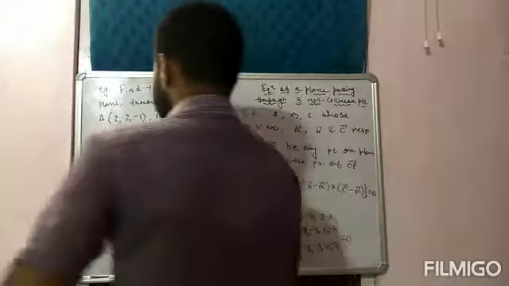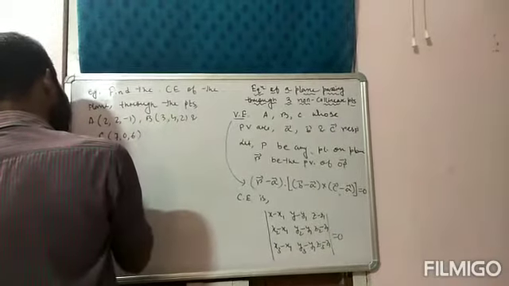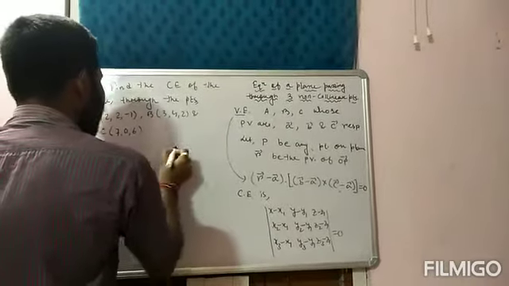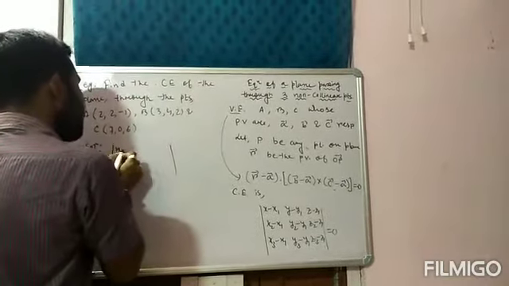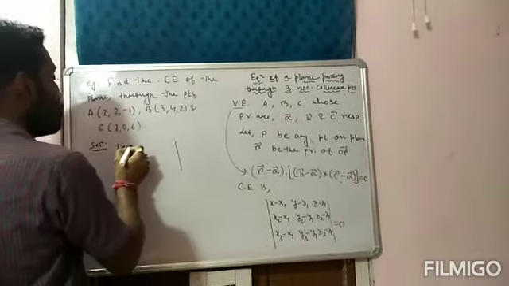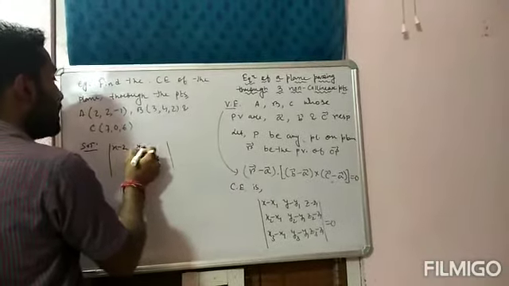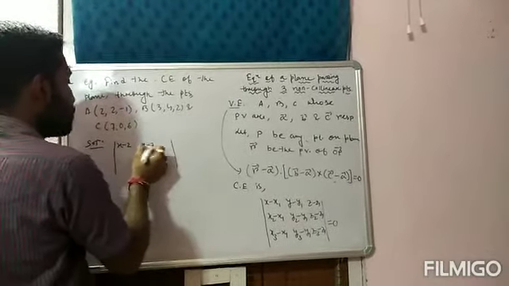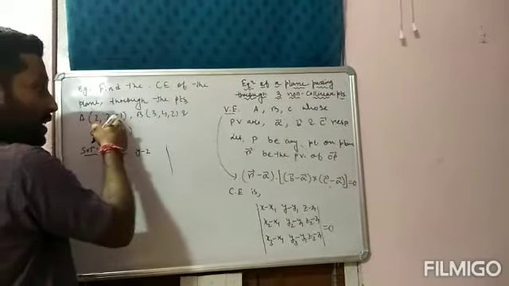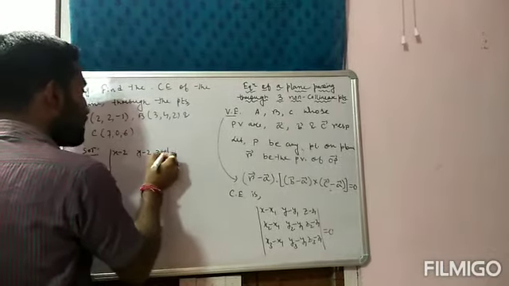So the solution is very simple. Determinant: x minus x1, x1 means here 2. y minus y1, y1 is also 2. x1, y1, z1 are these values. z plus 1.